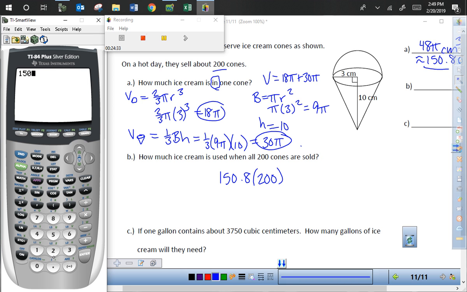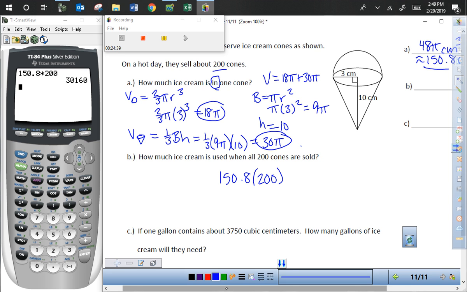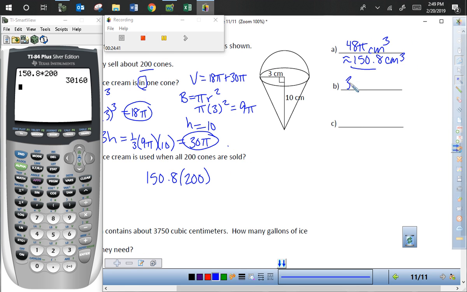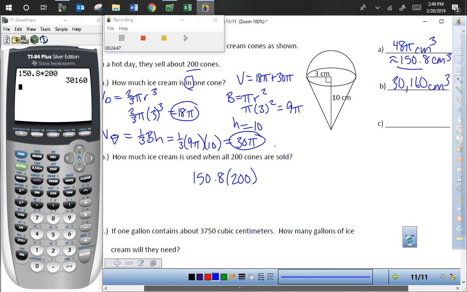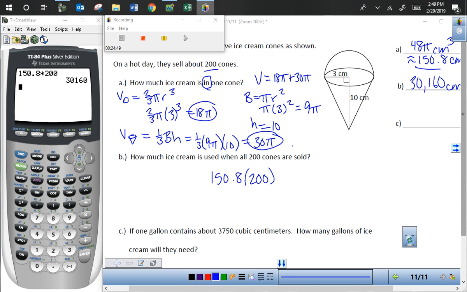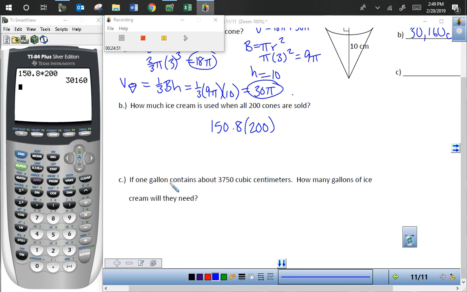So 150.8 times 200 gives us 30,160 centimeters cubed. Last question here. It says 1 gallon contains 3,750 cubic centimeters.